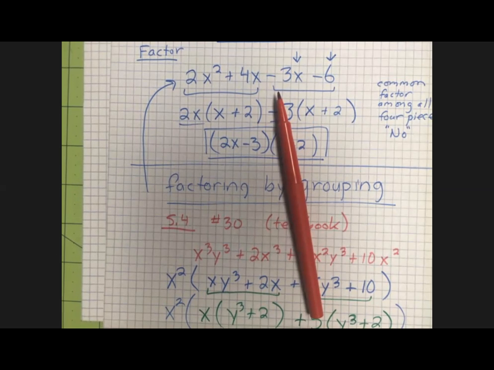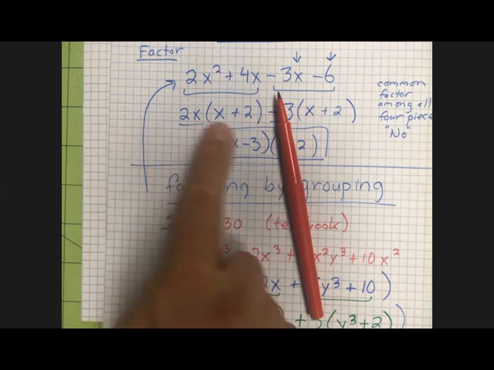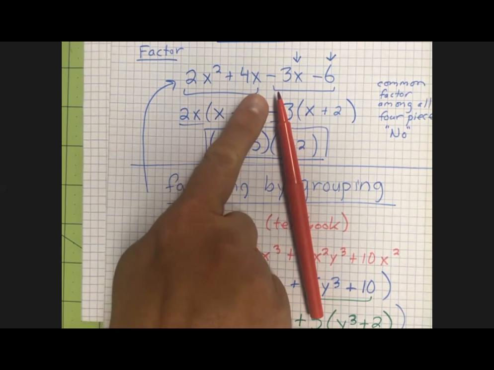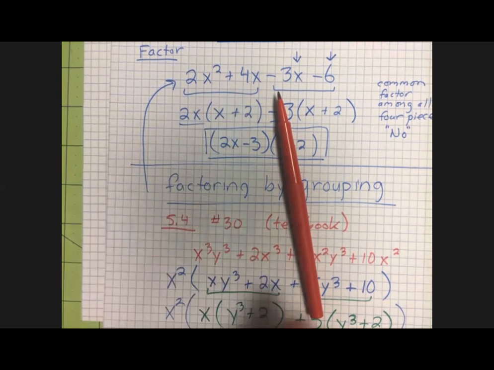What could you do if you think you've done it all as far as removing common factors? I'm going to come back and point to this problem in a second. But let's try something else out.